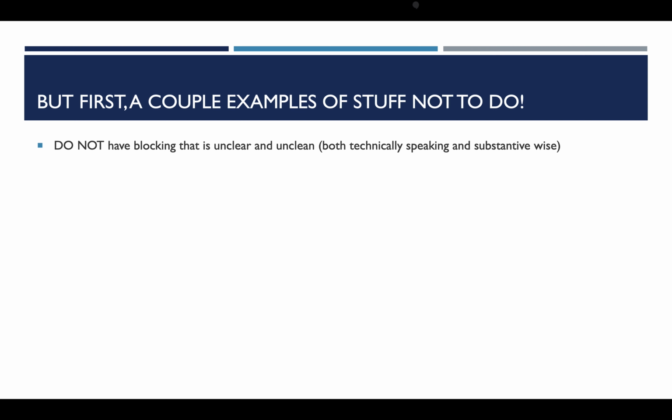Now, what do I mean by this? What I mean by unclear and unclean technically is if your blocking looks very sloppy. For example, not picking up objects correctly, not having the objects fit into the shape of your hands, having objects that are too big or too small.